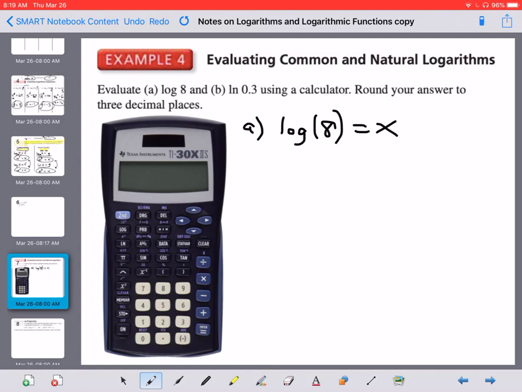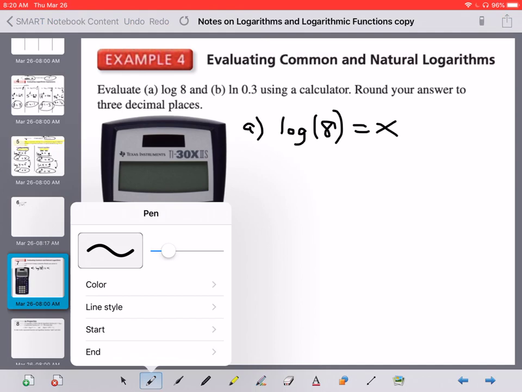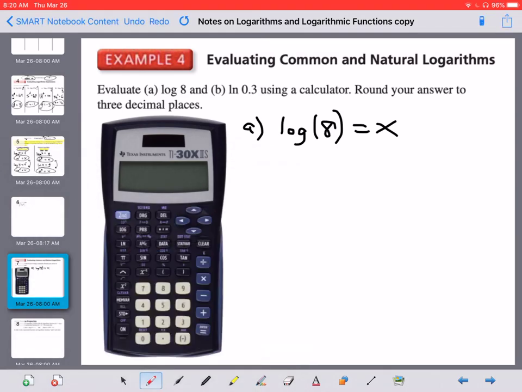Now, I want people to remember that technically, since there is no base written down, what base is implied? Base 10, right? So literally, this is 10 to some exponent equals 8.